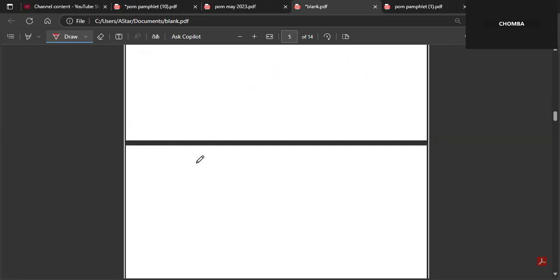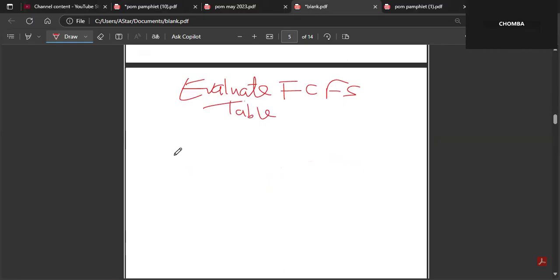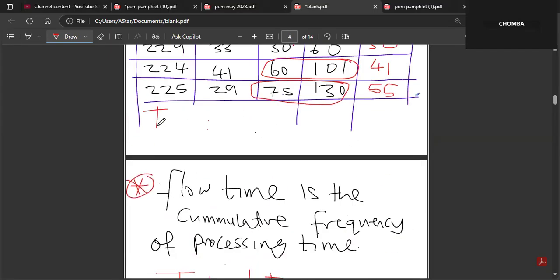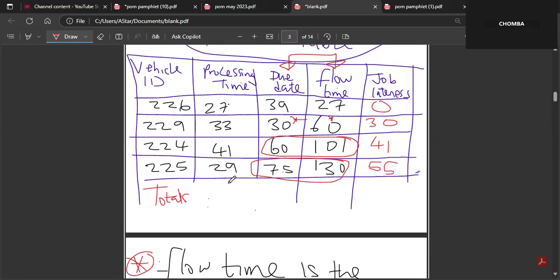So if we evaluate this table, let's evaluate the first come, first served table. So find the average flow time. I'm using the short. So if I find the total, what's the total here for the flow time? What are the totals? For the processing time, the total is 130 here.